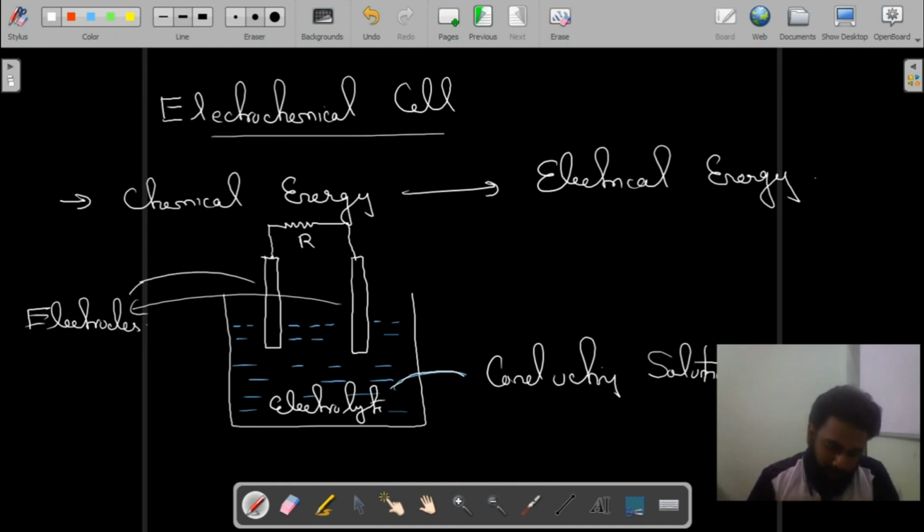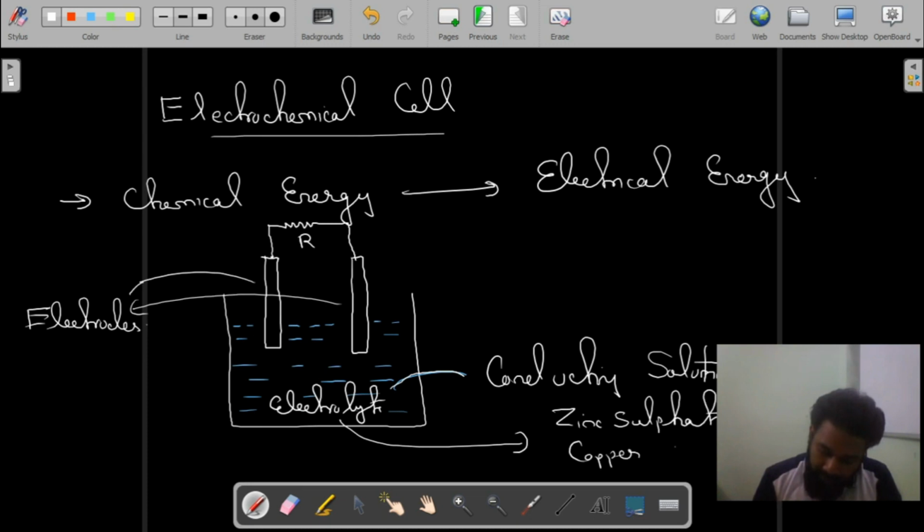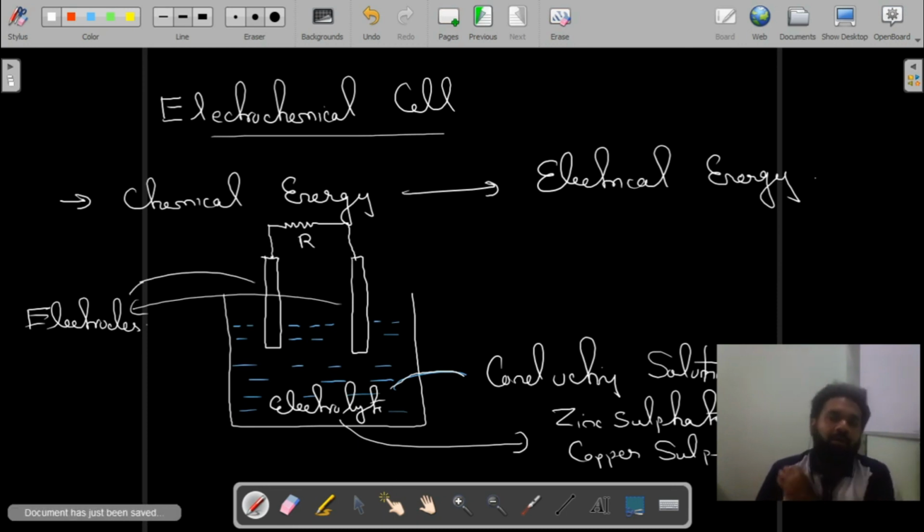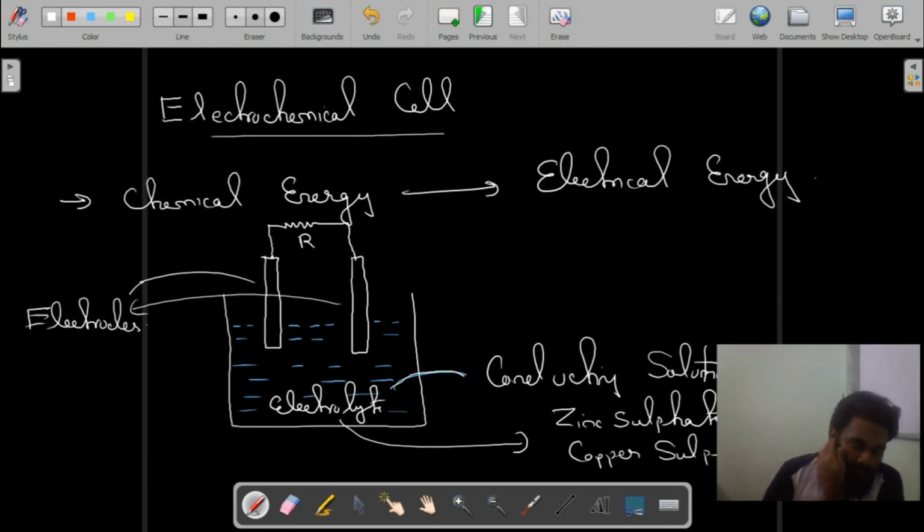So electrolyte can be zinc sulfate or copper sulfate, anything like this. There are some specific solutions whose properties make us use them as electrolytes. So this is the electrochemical cell setup. What happens when we dip this electrode into electrolyte with this setup?